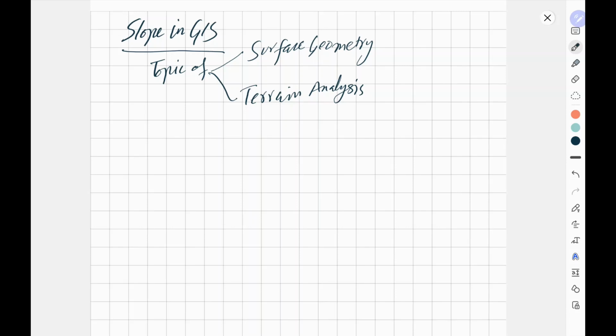This is one of the subsets of terrain analysis described by Moore et al. in 1993.